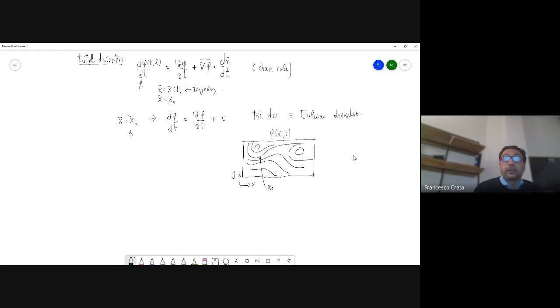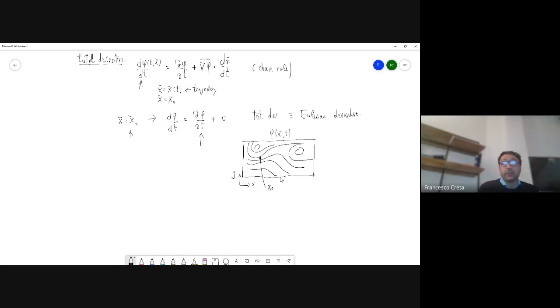So this field here, phi, you have to think of it as varying in time. So I've just taken a snapshot of this, but really think of it as something moving in time. So what I'm doing here, if I want to stay in a fixed point here, I'm just feeling the rate at which all these isolines are crossing my position, okay? And this is what this represents. It's an Eulerian derivative, and it's non-zero simply because phi is a function of time, okay?